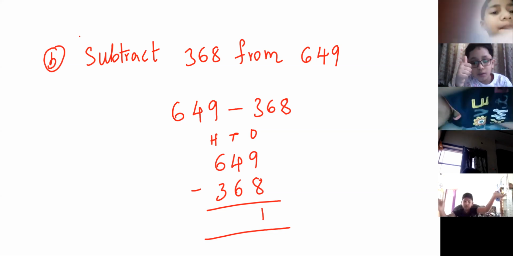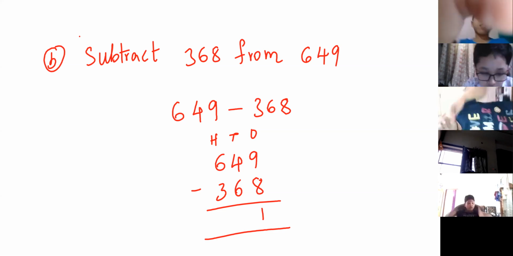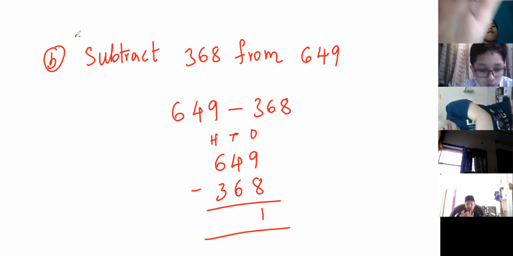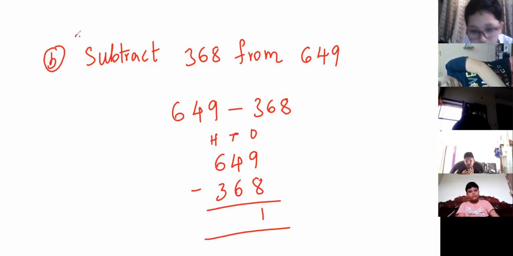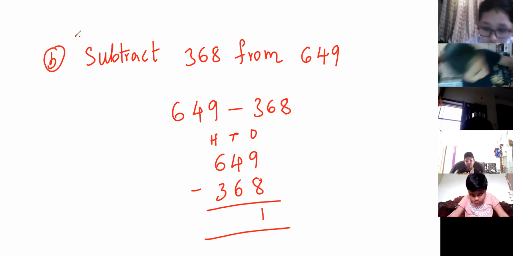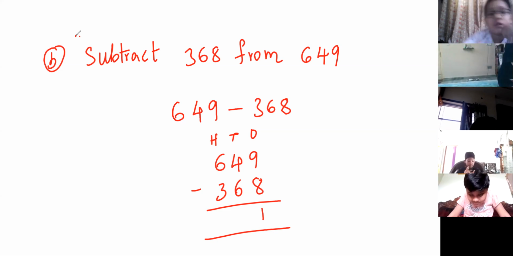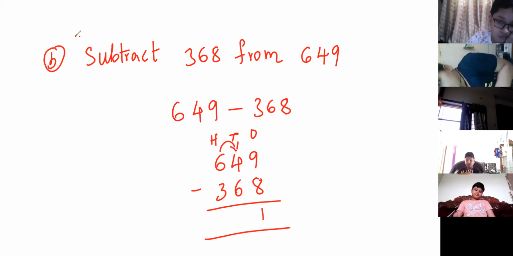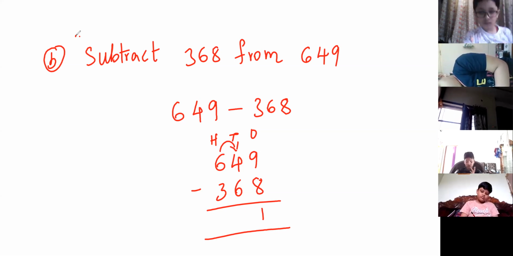Okay then. 9 minus 8 is 1. Now come to tens place. It's 4 minus 6. You cannot subtract 6 from 4, right? Then make it a bigger number by borrowing 1 from the next place. It's 6, which means it is 600. You are borrowing 100 from 600 to this 4.